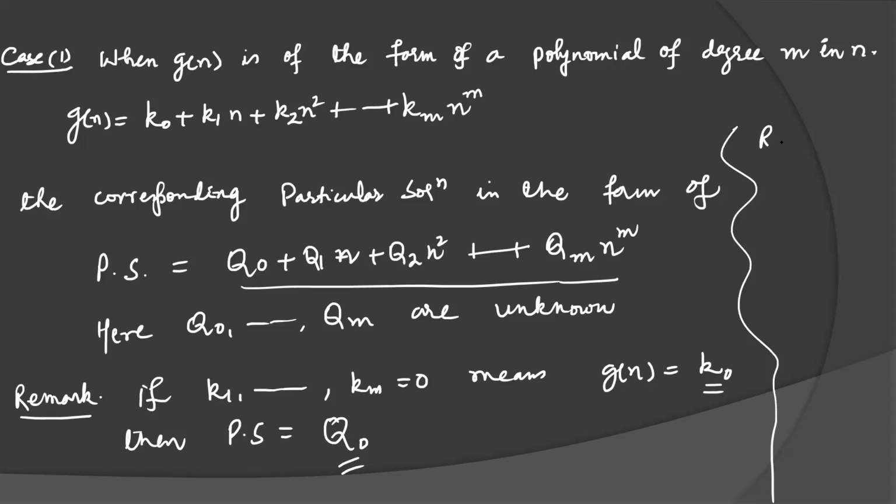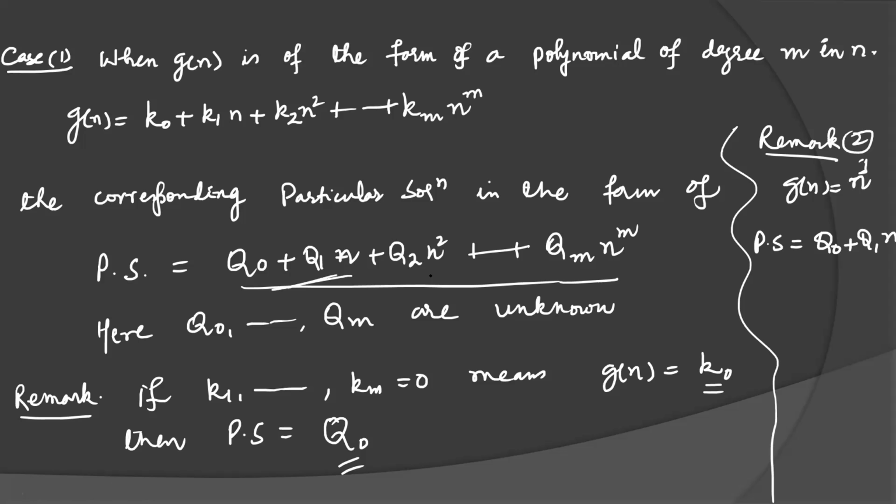What is remark 2? Suppose Gn is only n, then the particular solution will not be Q1 n. It will be Q0 plus Q1 n. If it is of degree 1, then we will take all the terms less than or equal to degree 1.